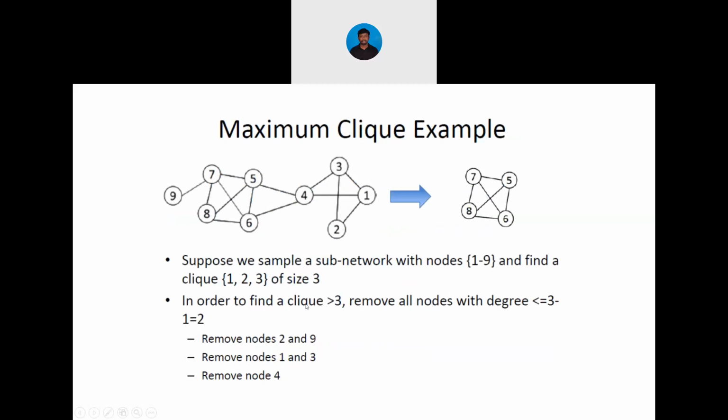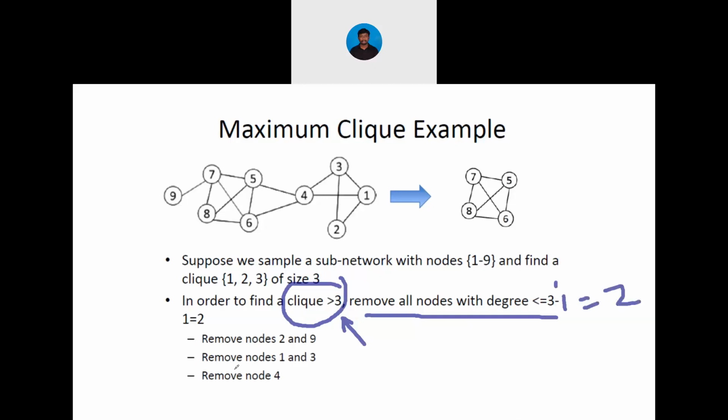So in order to find the clique greater than 3, this is our condition, right? I'm going to find a subgraph of clique greater than 3. Then for finding this subgraph, what I have to do is remove all the nodes with the degree less than or equal to 3 minus 1, which is nothing but equal to 2 here, right?